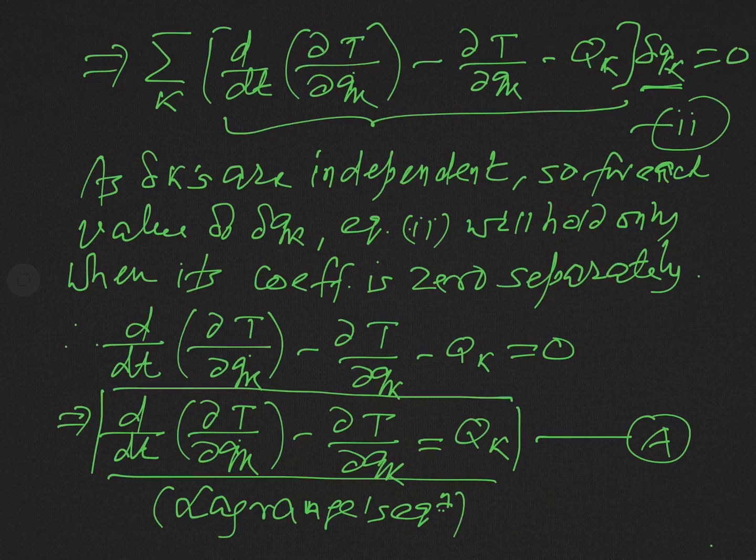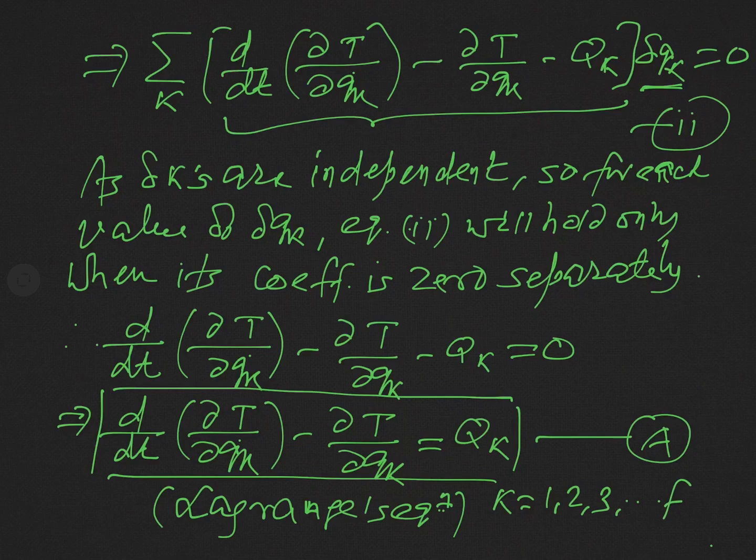One thing here we should note: this equation is in fact a second order differential equation. Its degree is 1 but order is 2, and as the value of k runs from 1 to f, equation A represents actually f equations.